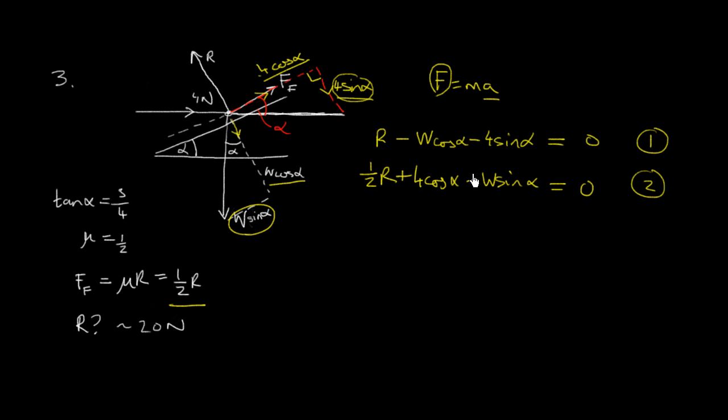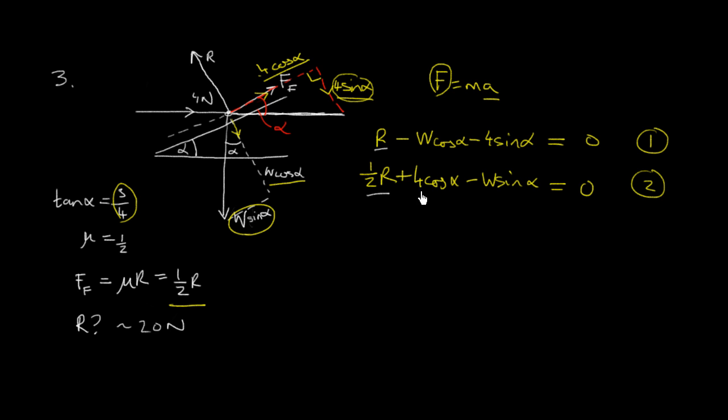Sorry, tan alpha is equal to 3/4. I said a half. Oh, sorry if I confused you there. So we can do sine over cos, or whichever way you prefer. Here there's an r, and there's a half an r. So we can also multiply this equation by 2 and then add it to that and get rid of the r that way. That would be fine also.